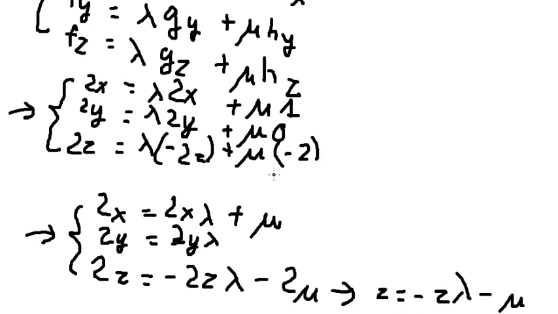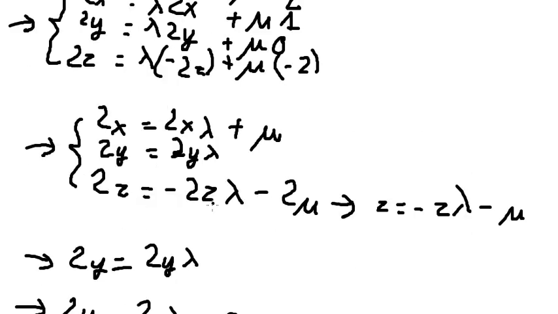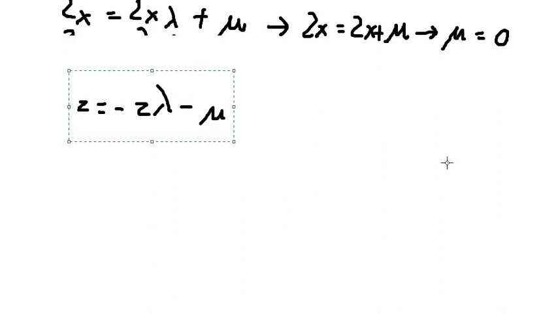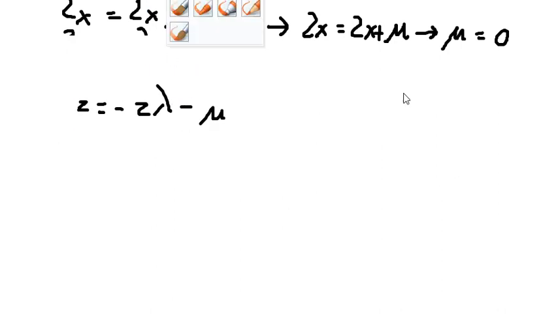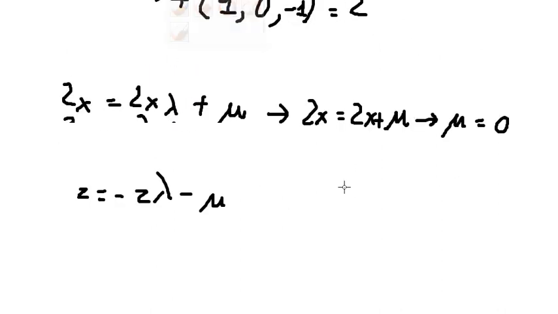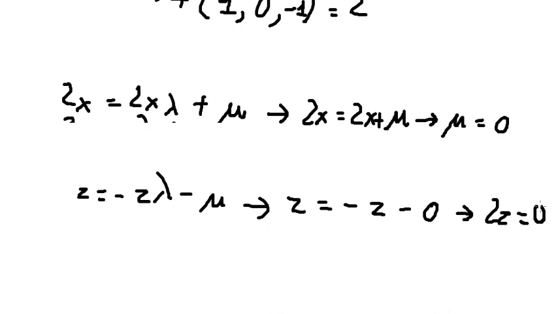So after we got mu equal to number 0, we can find the value of x, y, z in here. So the first one for z, we just find mu and lambda. So we put the value in here. So this one we got 2z equal to number 0. So z equals number 0.